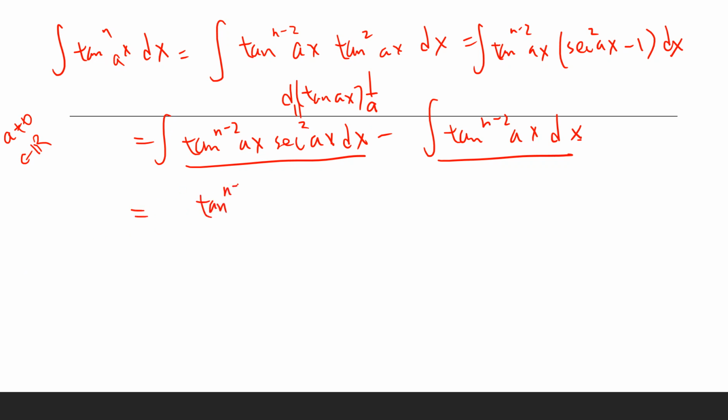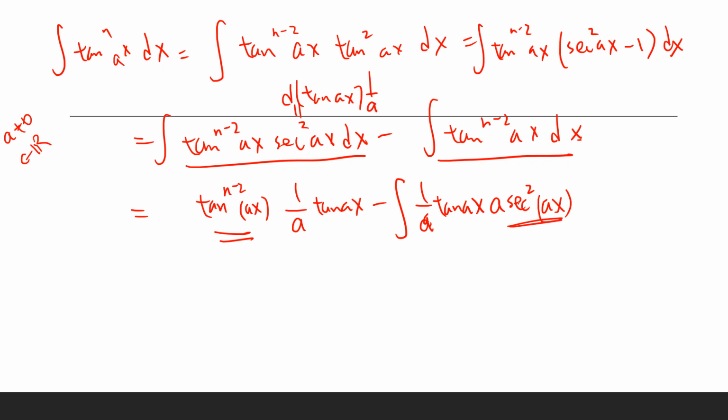So this is tangent n minus 2 ax times 1 over a tangent ax, minus the integral of 1 over a tangent ax times the differentiation with respect to x, right? So you get a here, and you get secant square ax.